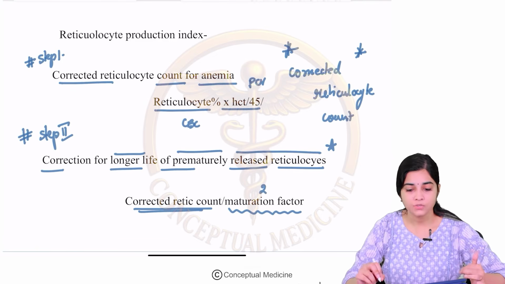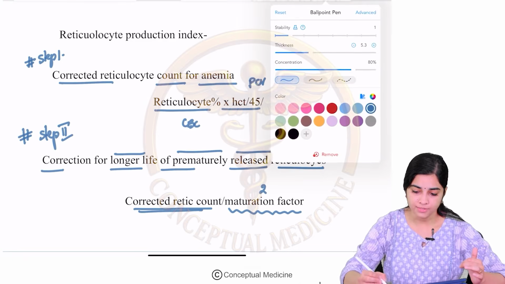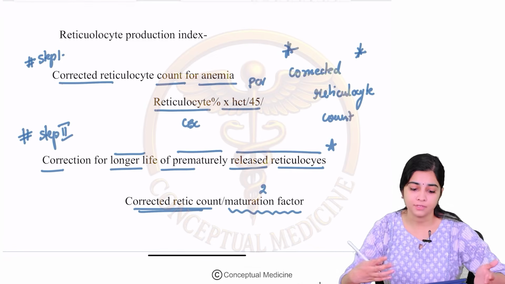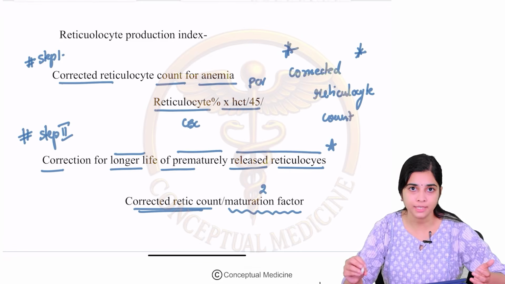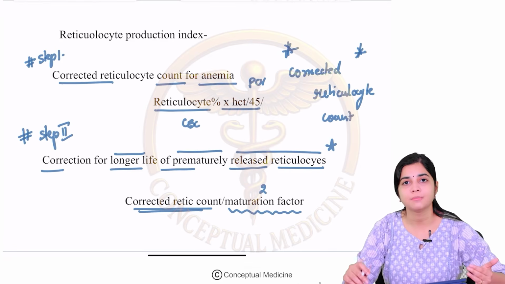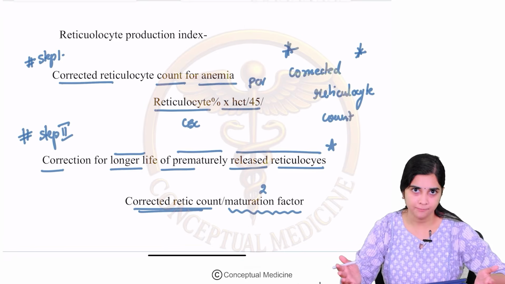Okay, fine. So let us just put things back into perspective. What are we learning? We are learning about the approach to hemolysis, in that how will you classify anemia? Anemia is classified on the basis of the reticulocyte production index. So what are reticulocytes? Reticulocytes are basically immature RBCs which are released from the bone marrow as a compensation whenever there is anemia. Right?